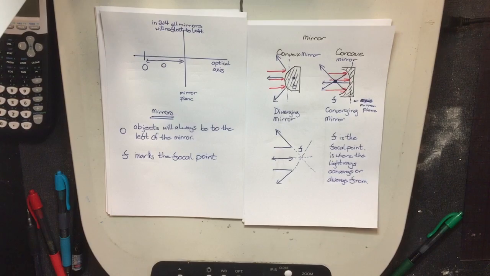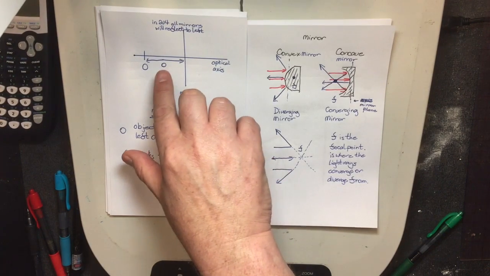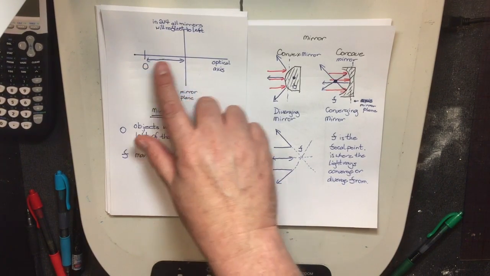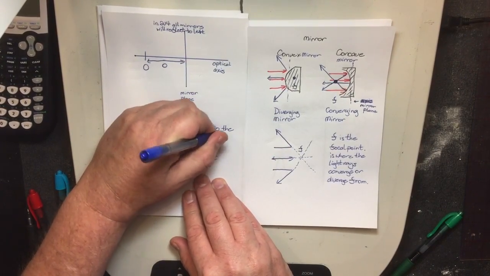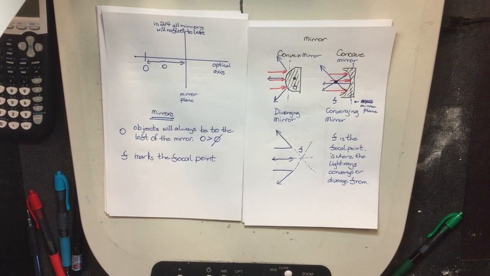Now, objects will always be to the left of the mirror. The object distance will always be greater than 0. You will always use positive numbers for the object being left of the mirror.